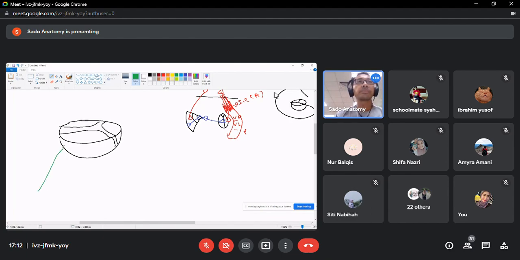What is the name of this tract that terminates at your thalamus? The green color I drew for you. This tract, what is its name? Trigeminothalamic tract. Very good. The abbreviation is TTT. Trigeminothalamic tract.